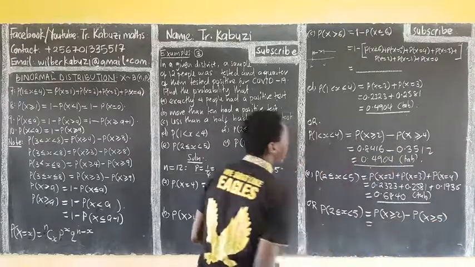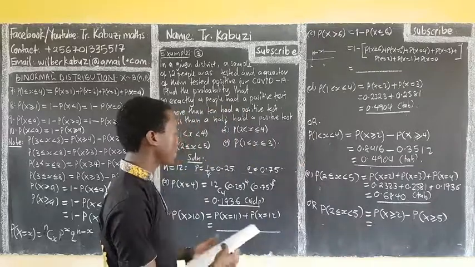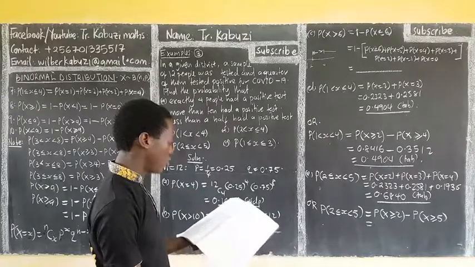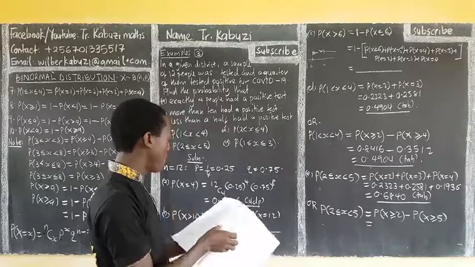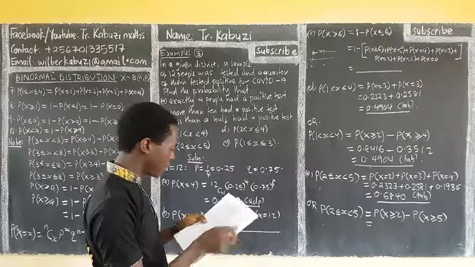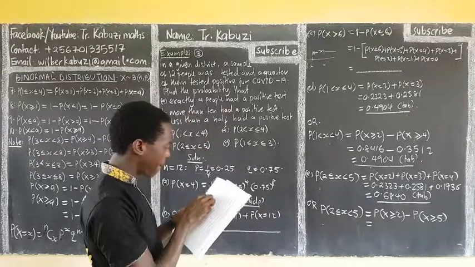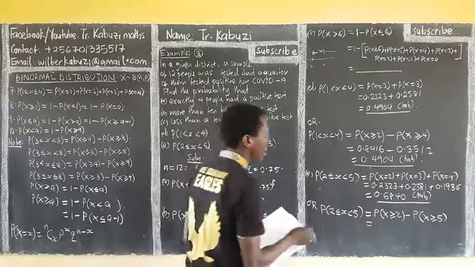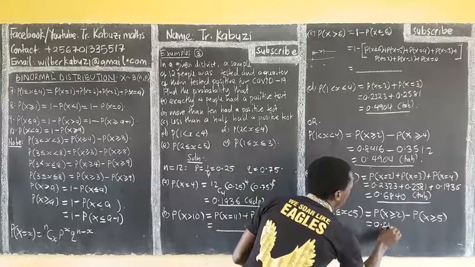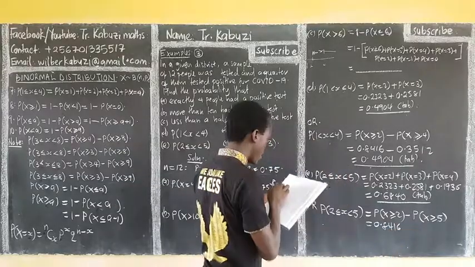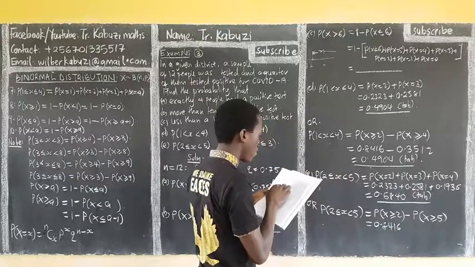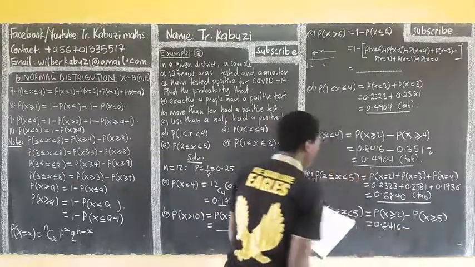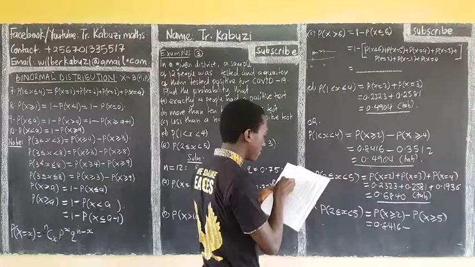Then we read them from cumulative. For my cumulative now, I read x greater or equal to 2. Here the value I'm having is 0.8416. Then minus this one. Now here we take our x to be 5.